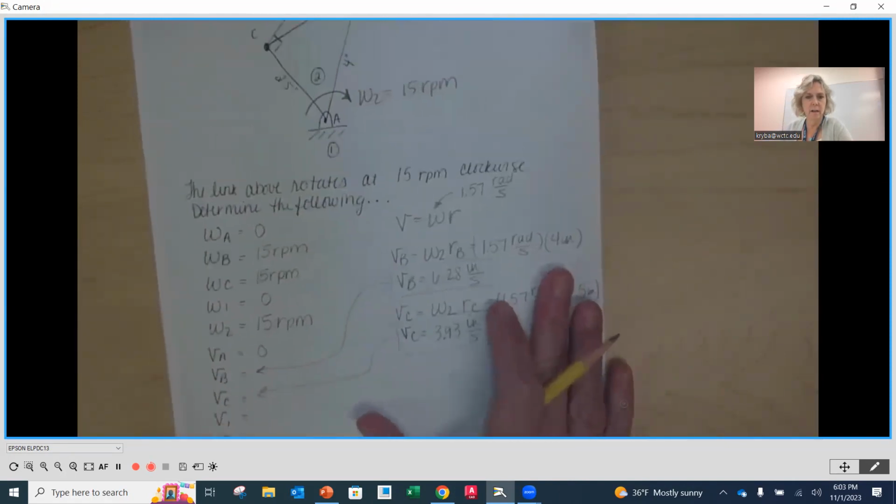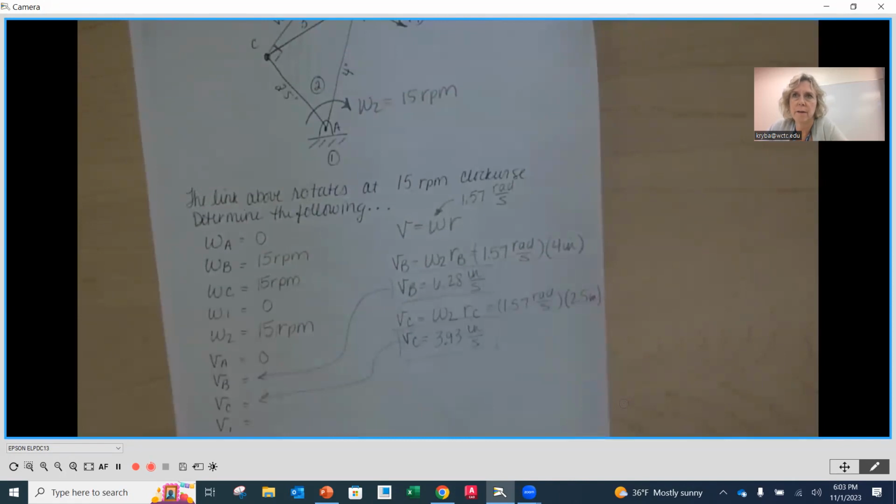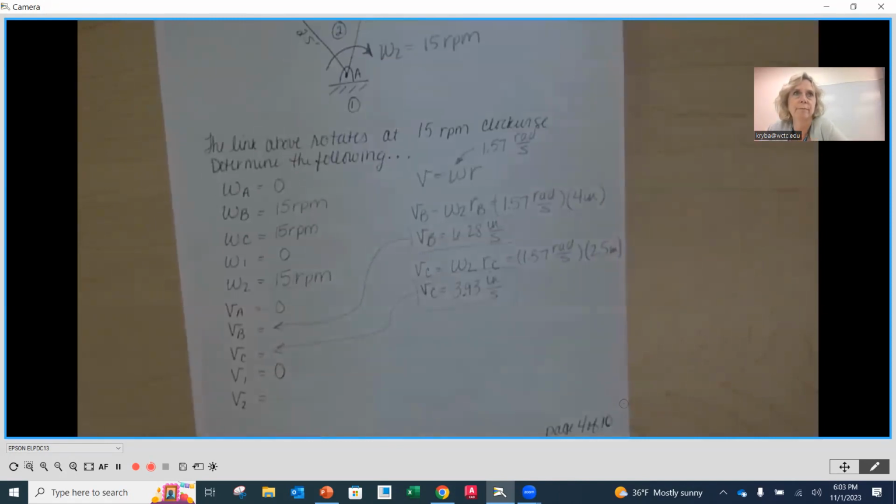Velocity of link number 1, 0. Straight line velocity of link number 2. It depends on where the point is. If we look at link number 2, is there a straight line velocity of the actual link? No, because it's only rotating around. So we wouldn't even say 0. We would say it's really not applicable. It's not a thing.